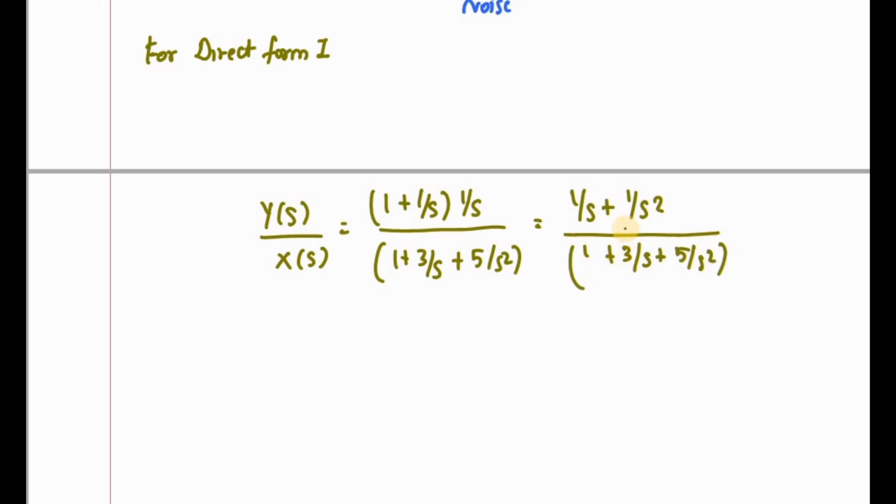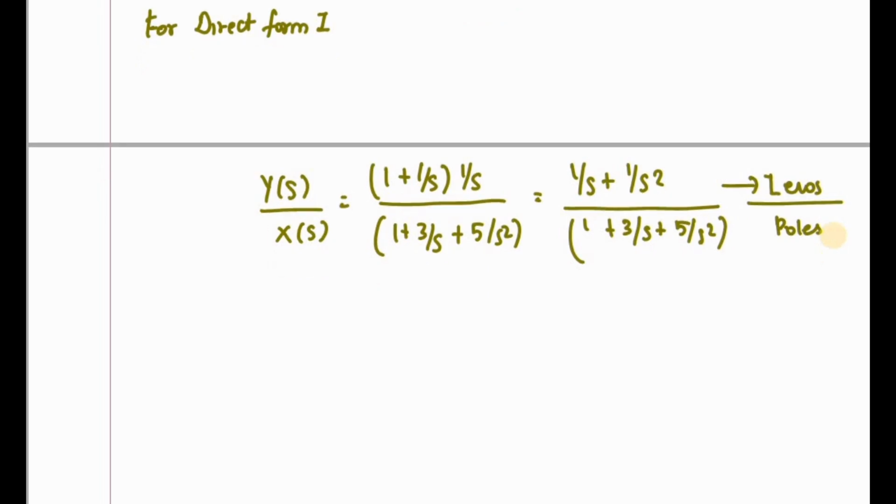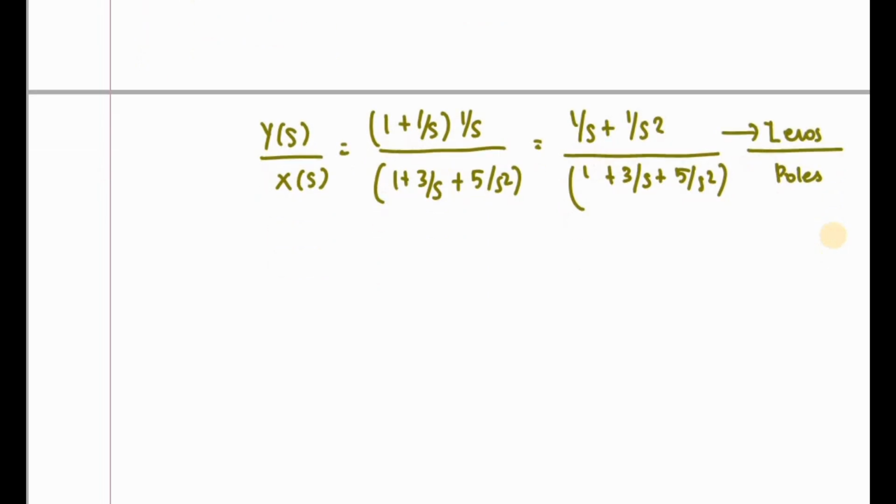The numerator gives the zeros and the denominator gives the poles. So I am going to take the numerator: if I multiply 1 divided by s with X(s) plus 1 divided by s square X(s), I can write it as W(s).